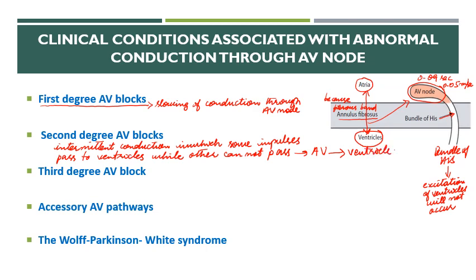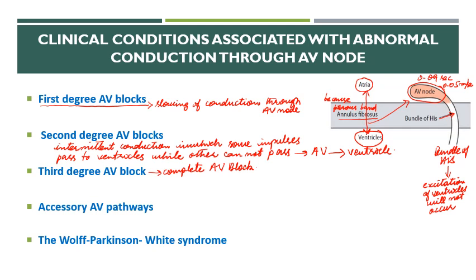The third type of block that occurs from AV node to bundle of His is third degree atrioventricular block, that is also called complete AV block.